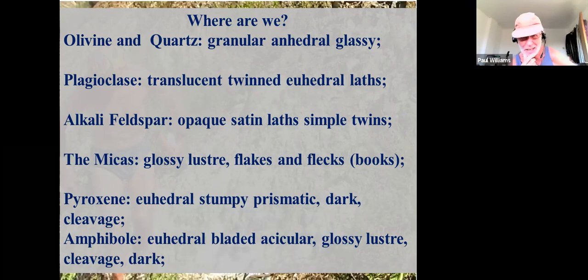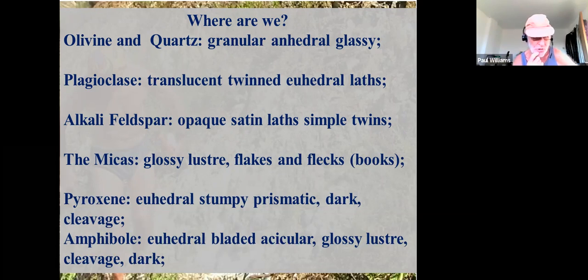So if you've got something pink, it's not plagioclase. So we looked at alkali feldspars. They tended to be more opaque and more satiny luster, but they were still lath-shaped, generally euhedral crystals.